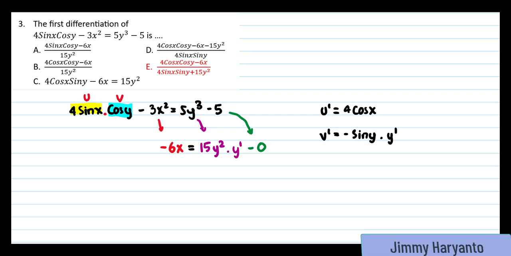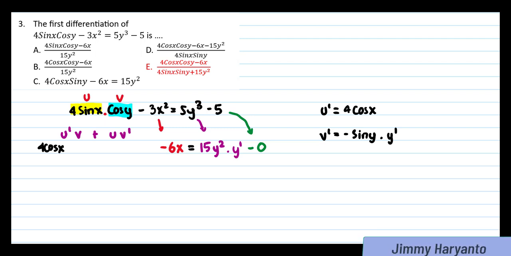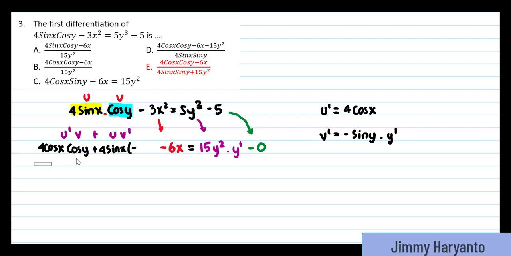And then you will write down the formula. The formula is u prime v plus u v prime, and then you will input all of the terms. The u prime will be 4 cos x, and then the v is cos y, u is 4 sine x, the v prime is negative, sorry, I need more space.